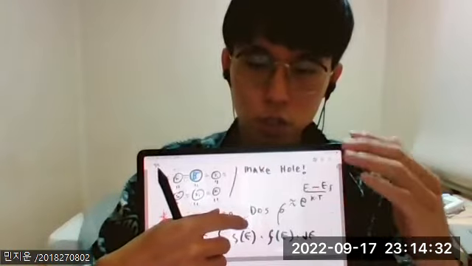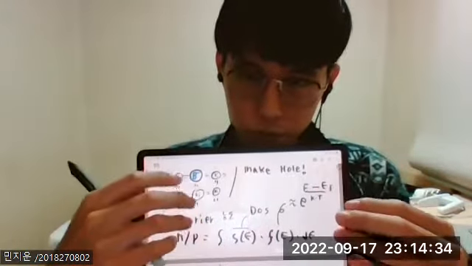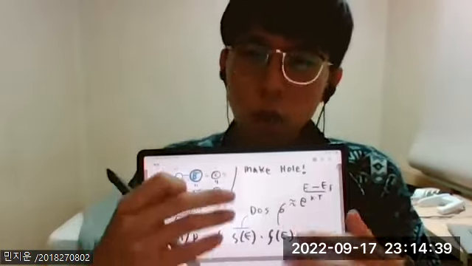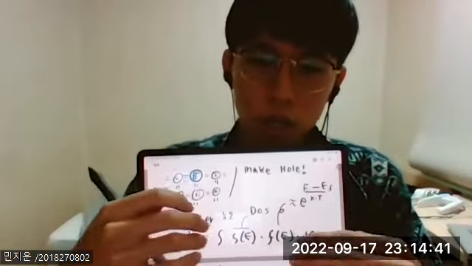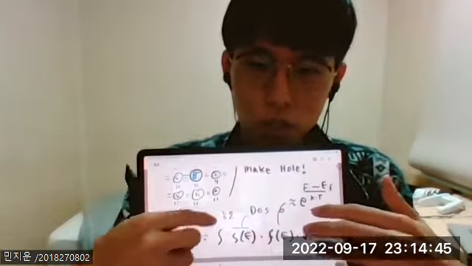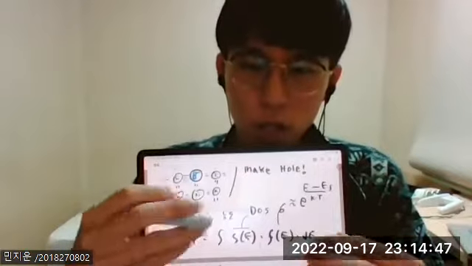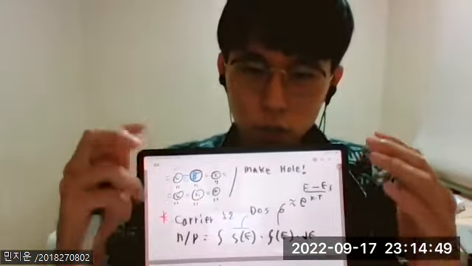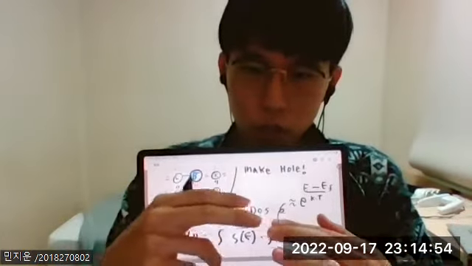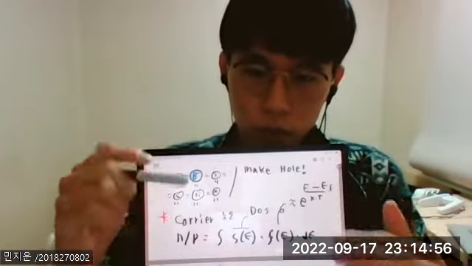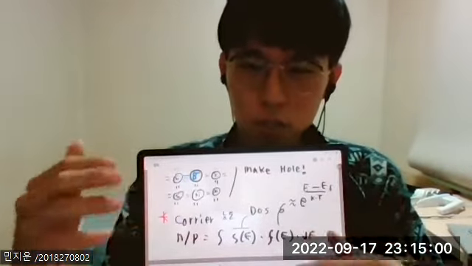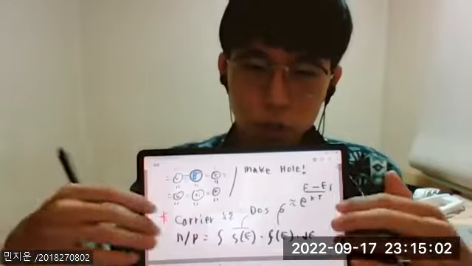The density of state function means the number of states that an electron can occupy, and the Fermi-Dirac probability function is about the energy level that an electron can go to at a specific temperature.